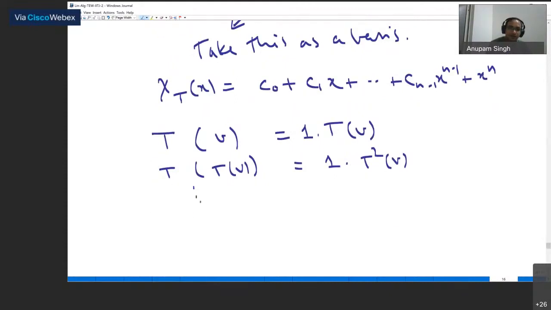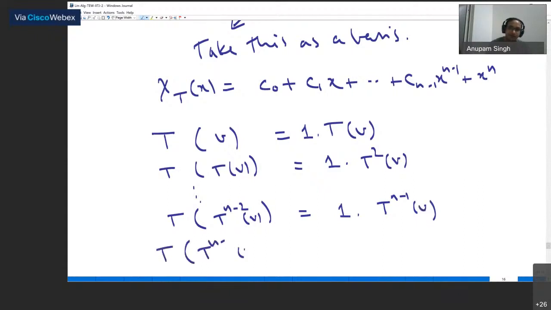This happens up to T applied to T to the power n minus 2 of v, where I simply get 1 times the next basis vector, which is T to the power n minus 1 of v. But if I apply T to the last vector, T to the power n minus 1 of v, something different happens. This will become T to the power n of v, which is not a basis vector.